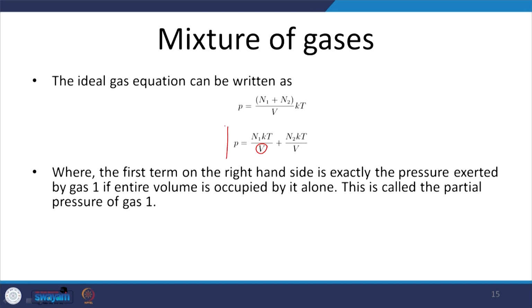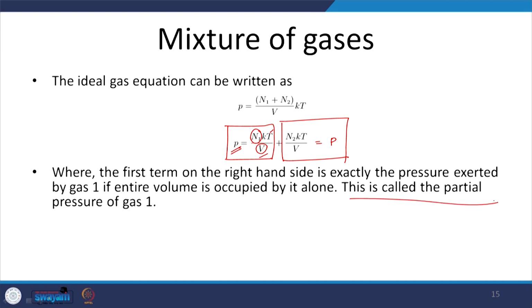So, if you take this equation alone, it appears a gas with number of molecules N1 at a temperature T occupying a volume V will exert a pressure. Similarly, you can also say this is P2, right. So, the total pressure is the sum of individual pressures as if one species of gas alone is occupying the entire volume by itself, right. So, that is the idea.